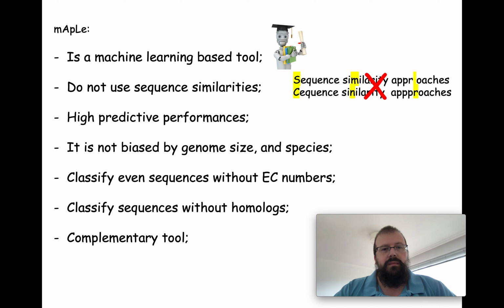It's not biased by genome size, nor species. It classifies sequences without EC numbers as well, and sequences without homologs, and we claim mApLe as a complementary tool for genome annotation. We don't say that mApLe can substitute most tools, of course not, but it's a complementary tool that can give you additional information.